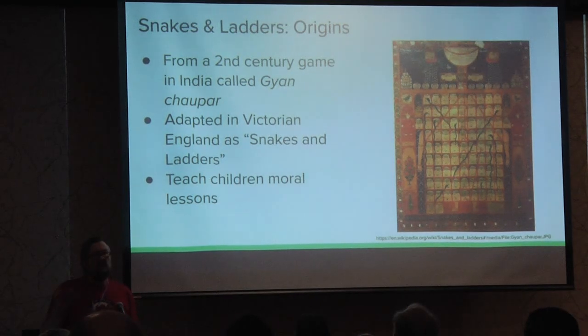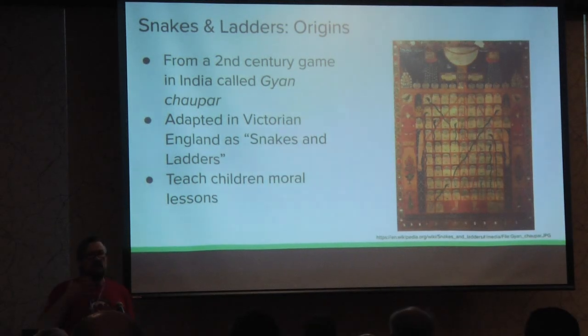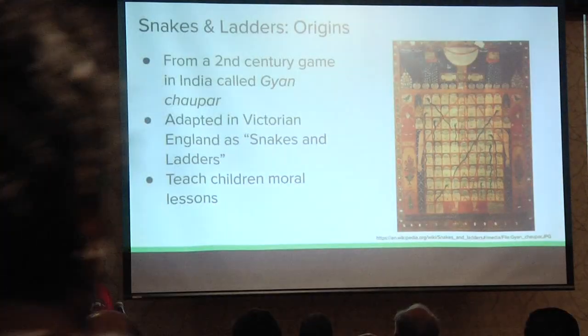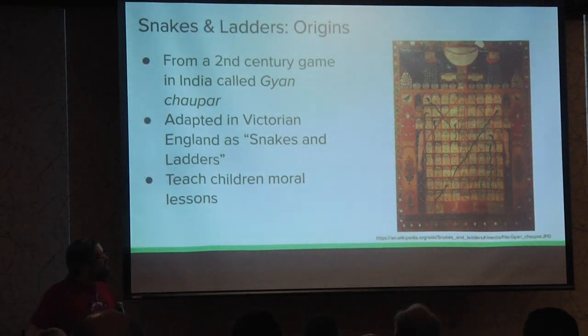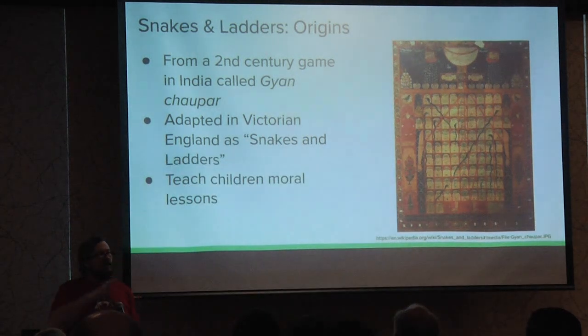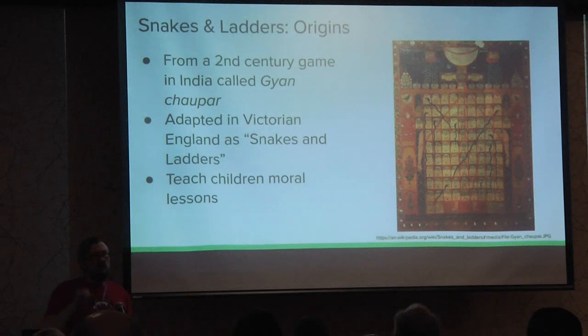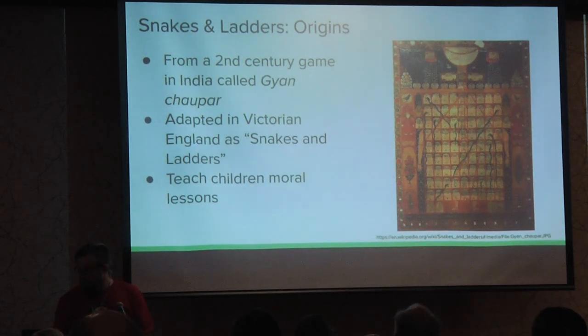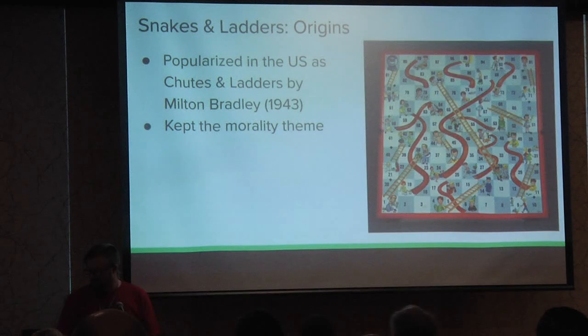So they were teaching these moral lessons that if you get involved in, you know, drinking or gambling or some other vice, it was going to slide you down back to a lower position in life. And then, if you could avoid those things and make it all the way to the top, right, then that was like a better approach to your life kind of thing.